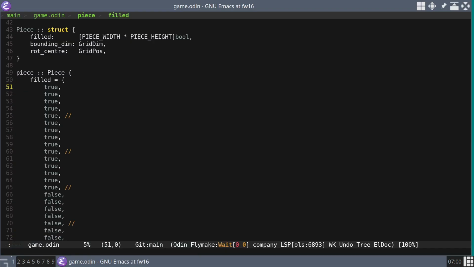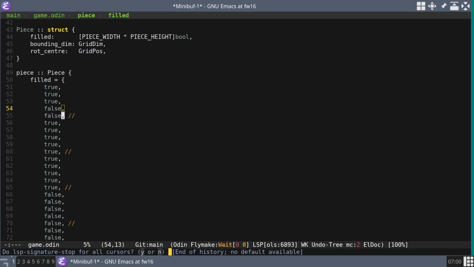So this is defined from the bottom left. So if I make it go 1, 2, 3 across, and then make both of these false.